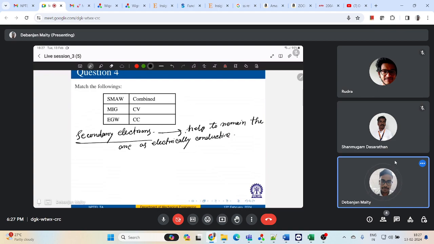And yeah, a definite amount of energy is required to produce this ionization in a given atom or molecule.